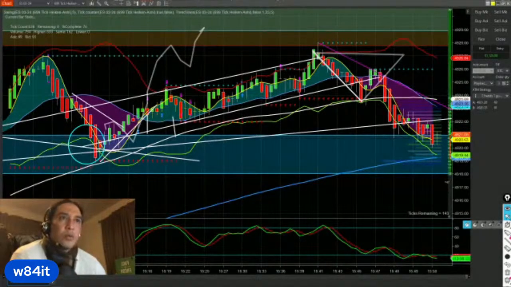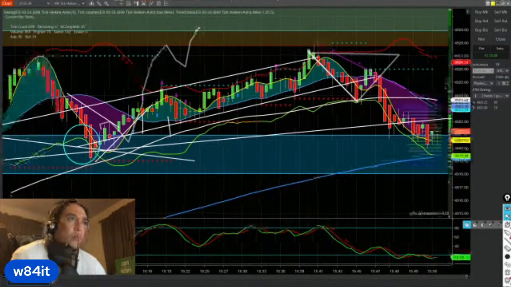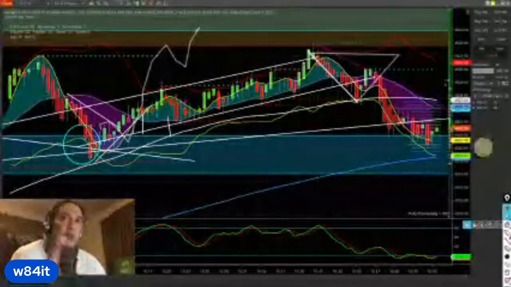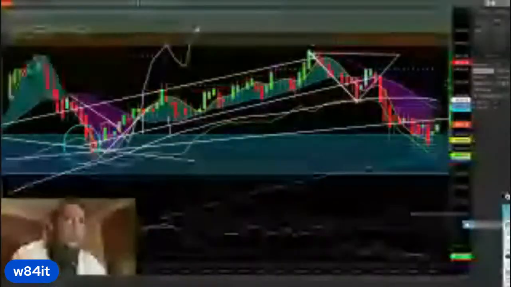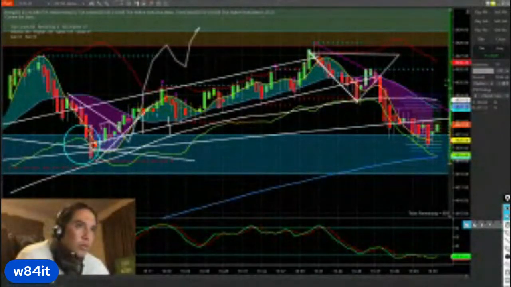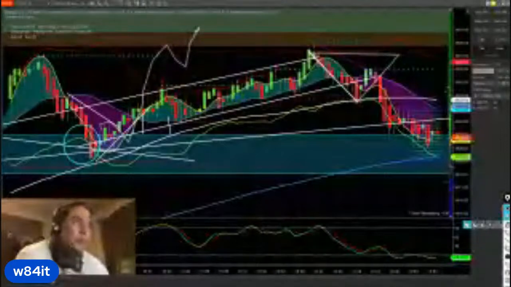No, that's not what I'm looking for. Is this one? Nope. Deeper push. Curl around. Big push. 5, trade 1. Order flow.